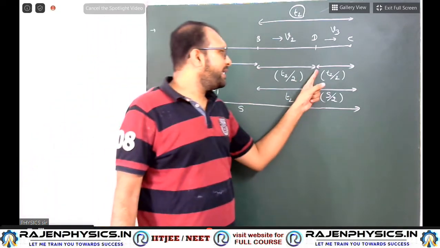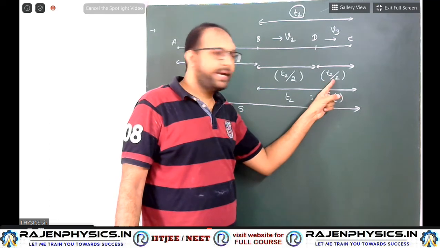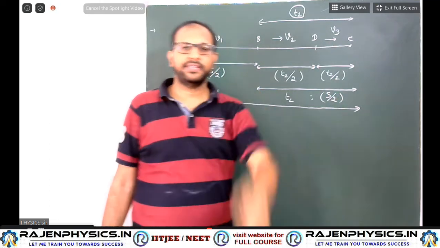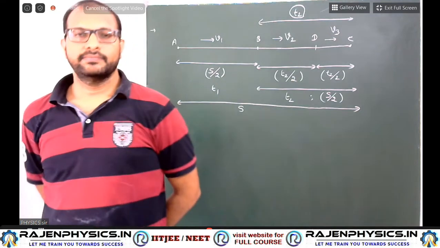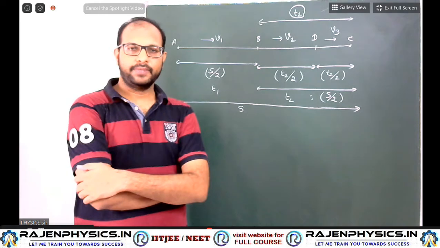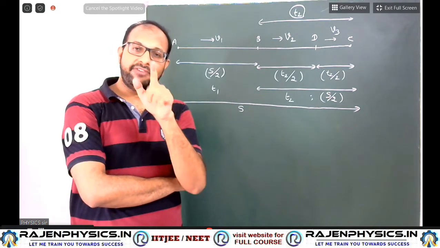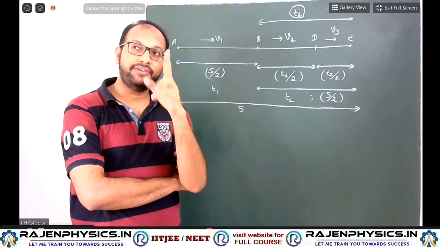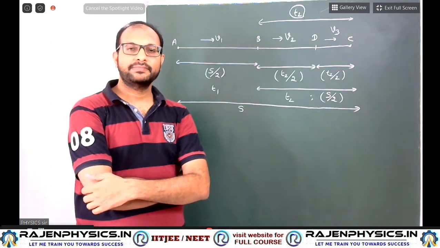And the remaining time, T2 by 2, also half, the maintained velocity is v3. Students, carefully observe, here also we have three parts. A to B with V1, B to D with V2, D to C with V3.